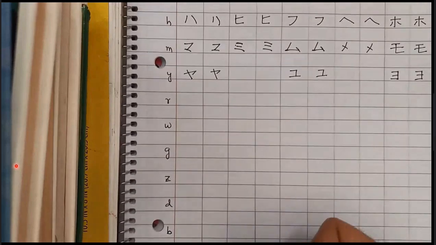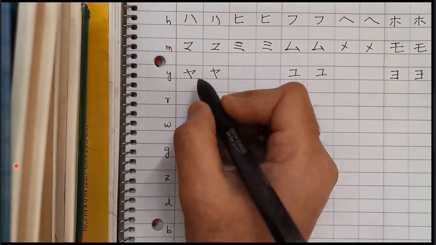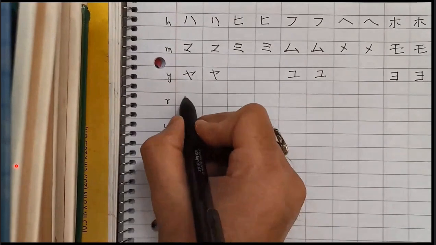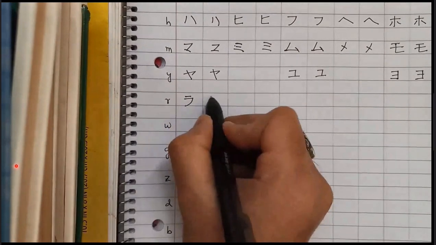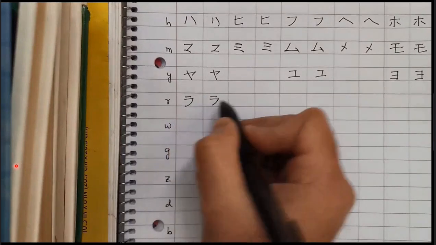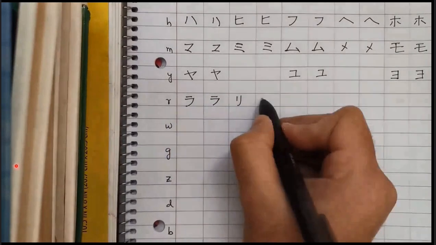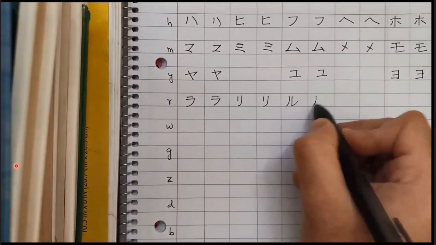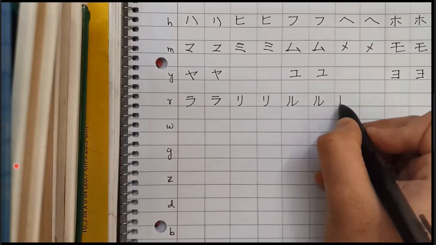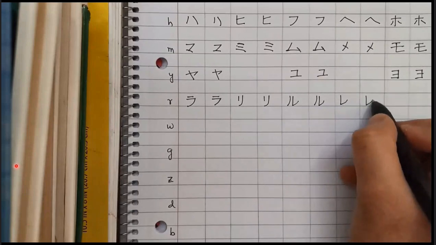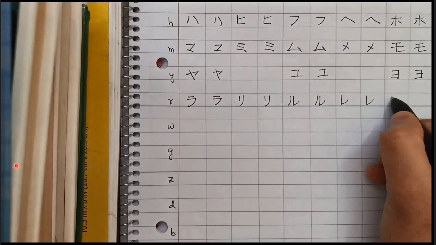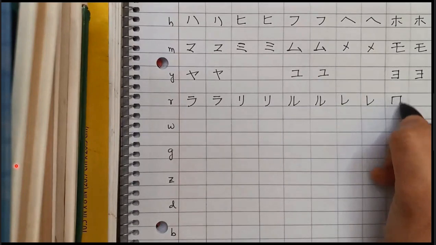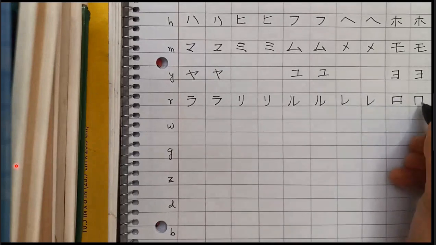The next line is of the ra sounds, that is ra, ri, ru, re, ro. Ra, ri, ru, re, ro.